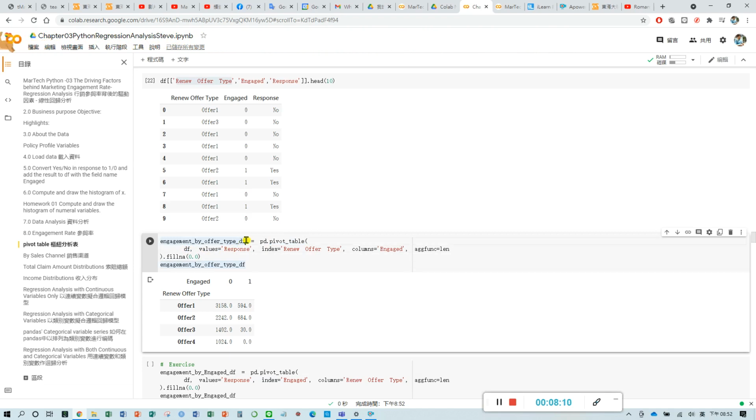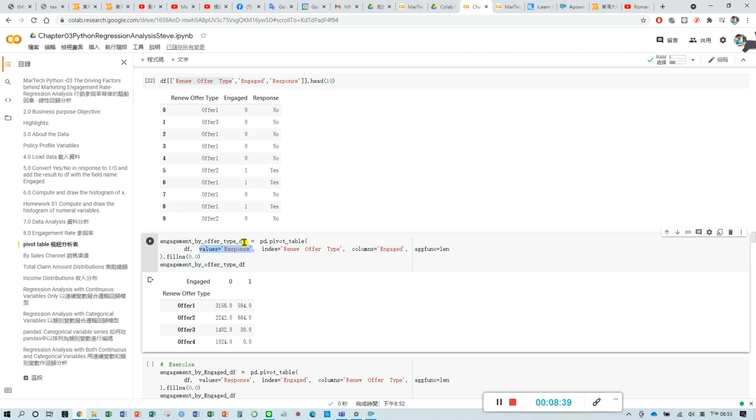Also, we save the result as engaged by offer type data, because I would like to calculate the renew offer type with the engaged. Okay, so we have to specify what is the value we have to calculate.